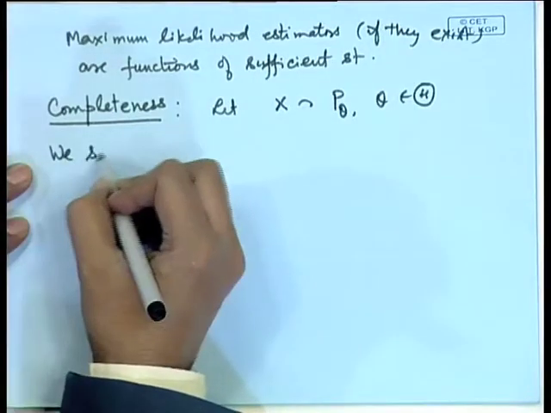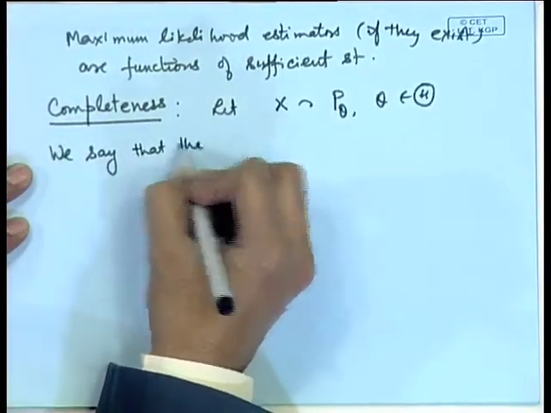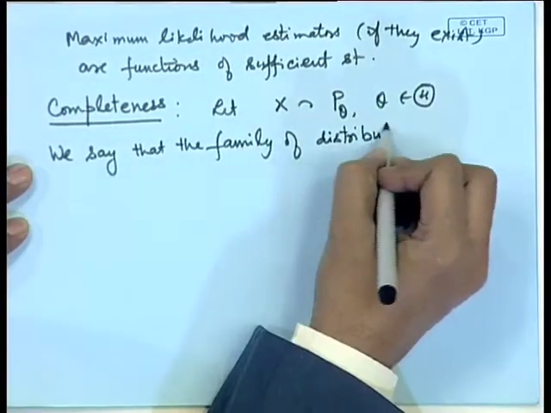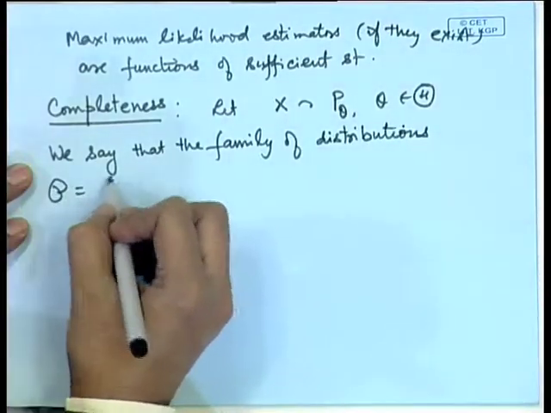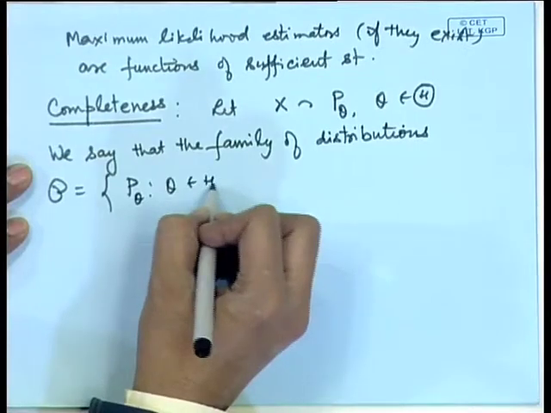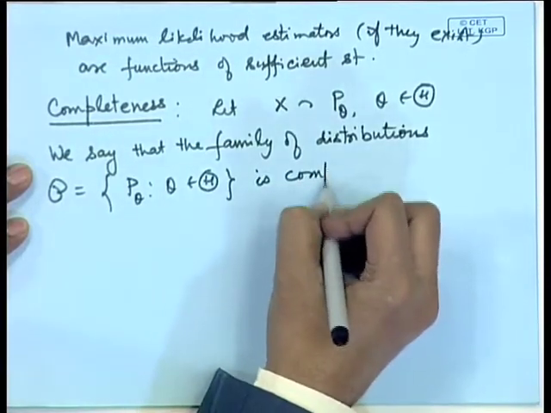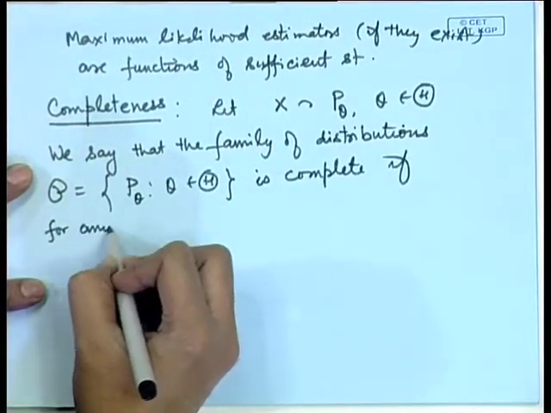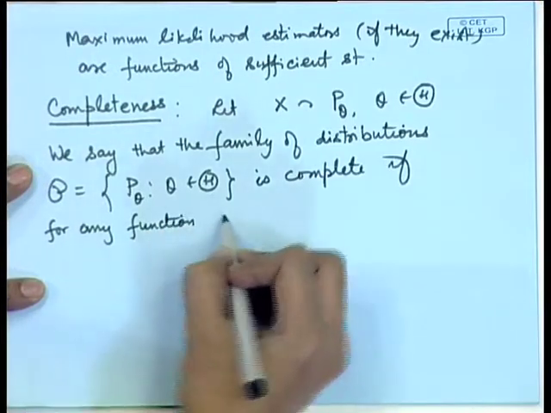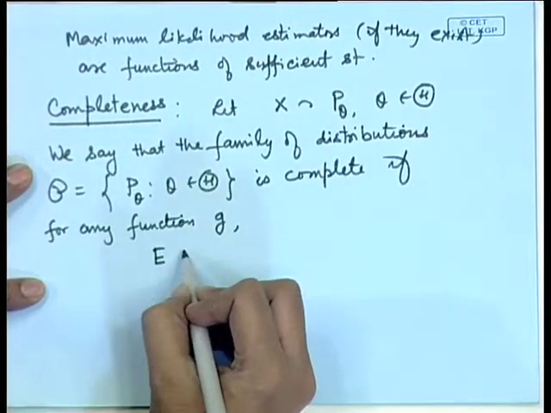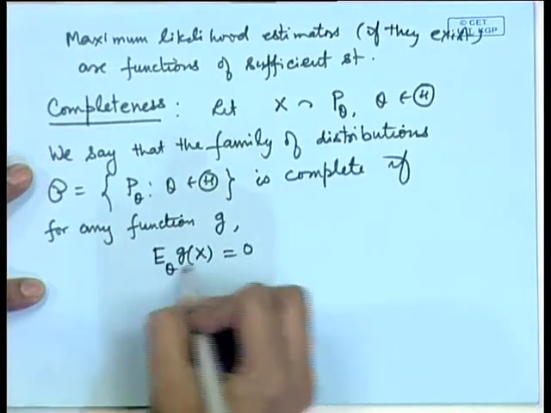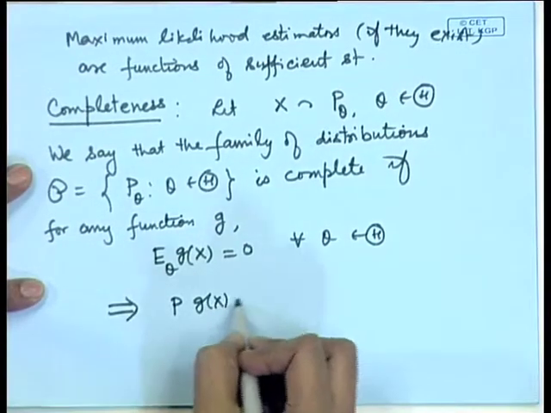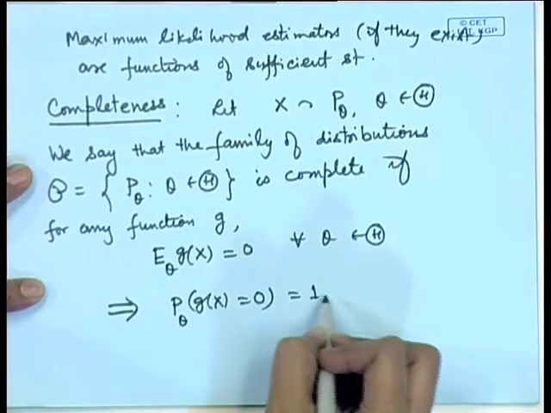So, we say that the family of distributions P equal to P theta is complete if for any function g, expectation of g(X) equal to 0 for all theta implies probability of g(X) equal to 0 is equal to 1.